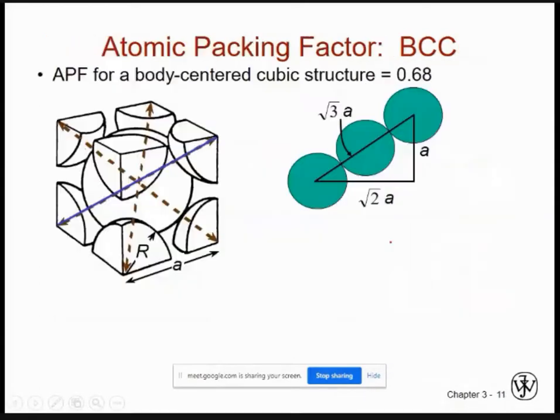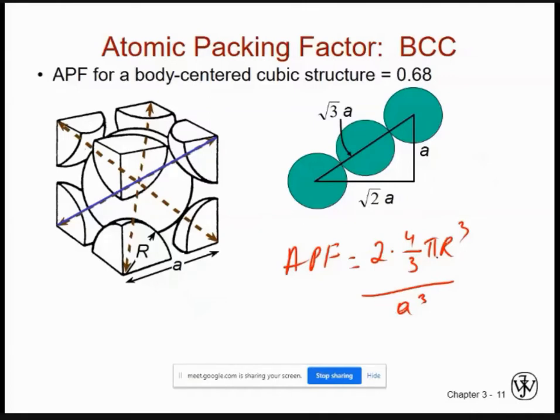Let's continue. So atomic packing factor for BCC. Our equation was atomic packing factor equals volume of atoms over volume of cube. So I have 2 atoms, which we calculated in the previous slide, multiplied by 4 over 3 πR cubed, over A cubed. A is the side of the cube.